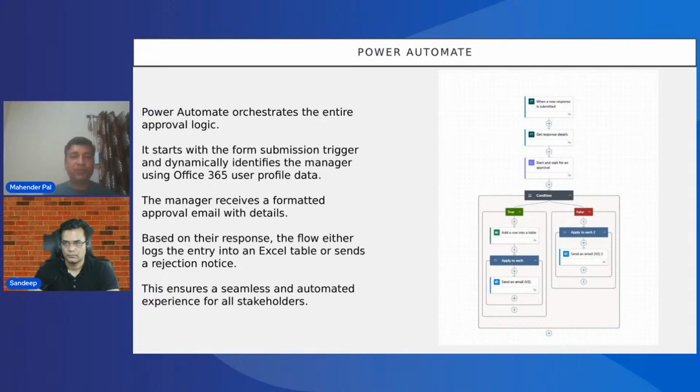So that type of thing we can easily automate here using Power Automate, and we are using different connectors to get the data from these different applications which are part of the Microsoft ecosystem, right?